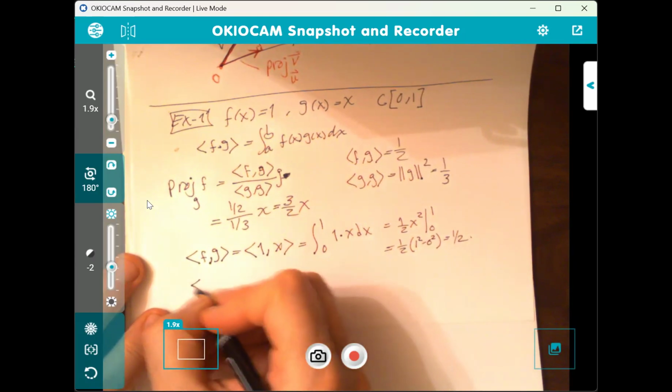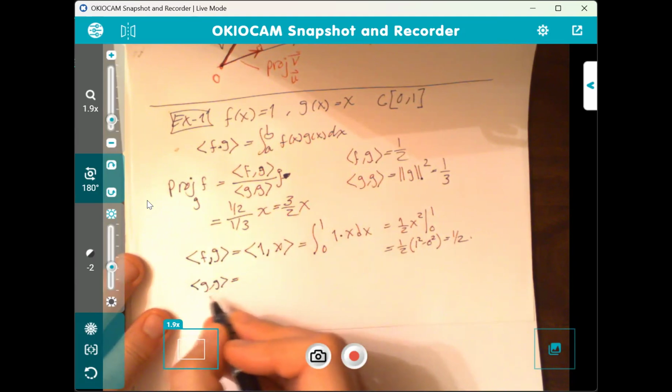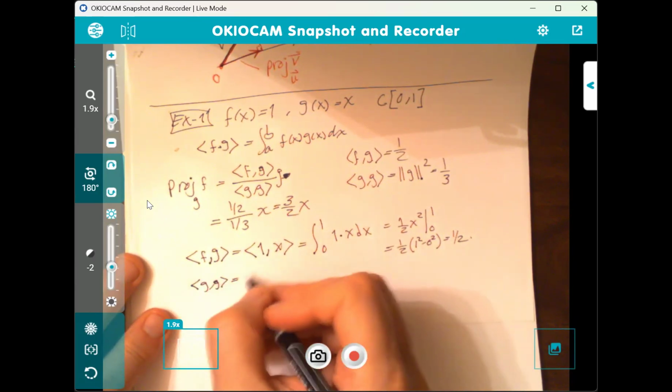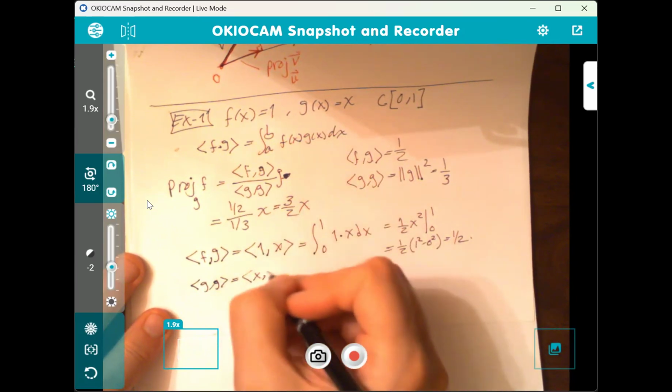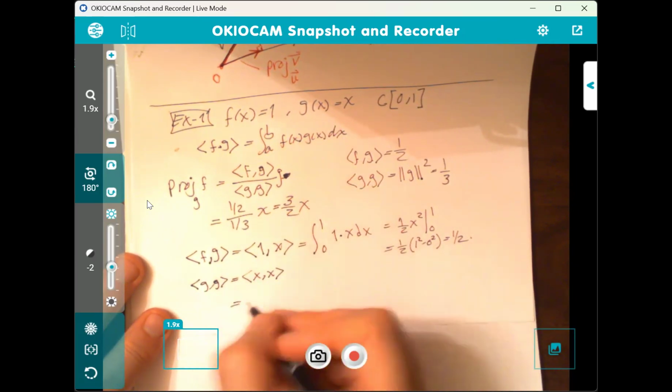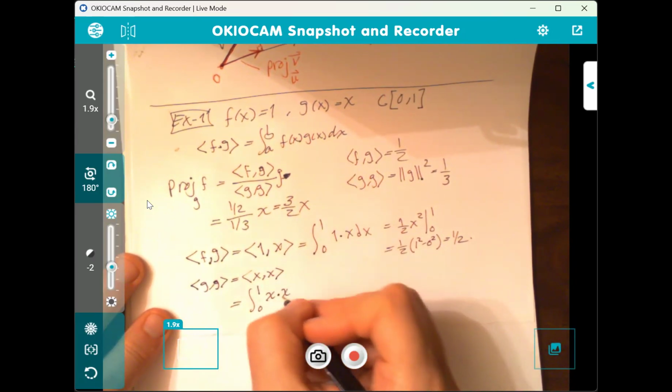Now let's do the integral of g. That means the dot product, inner product of g with itself. Remember, g is the x function. So we're doing the inner product of x, x. That would be the integral from 0 to 1 of f times g dx.